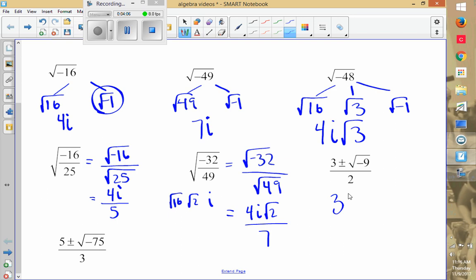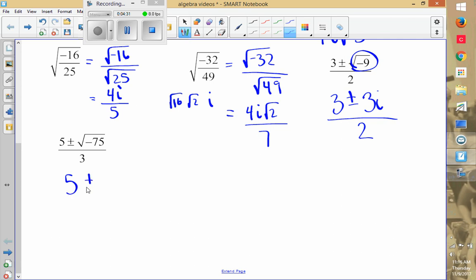So this looks just like you had an answer from a quadratic formula, and we can simplify that. We know that the square root of negative 9 is going to have an i because of the negative, and the square root of 9 is 3. So that's actually going to be an answer to us now. I know you couldn't do it before, but we're going to actually relate it to i's at this point in time.